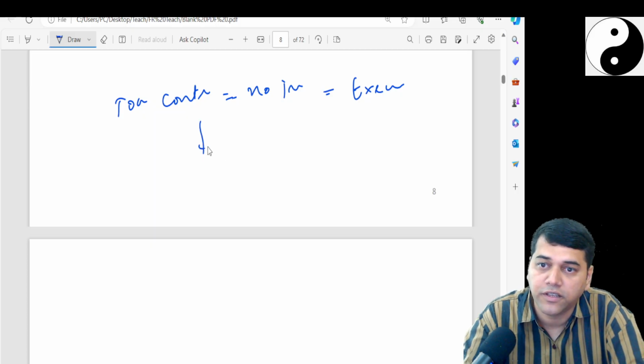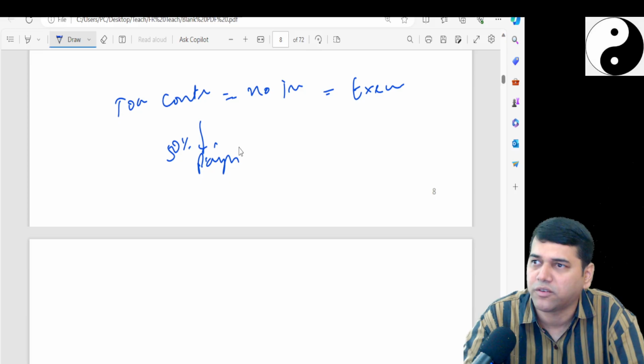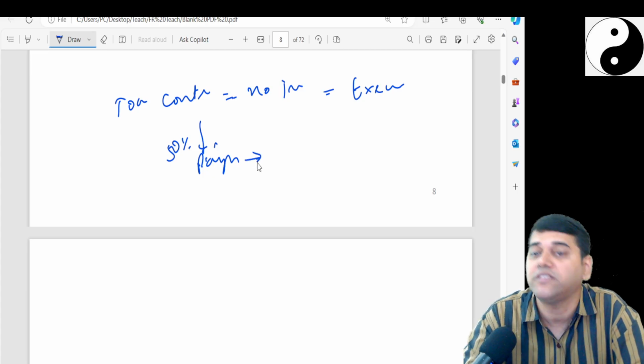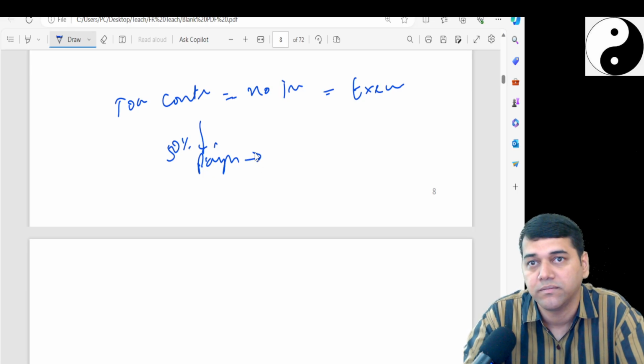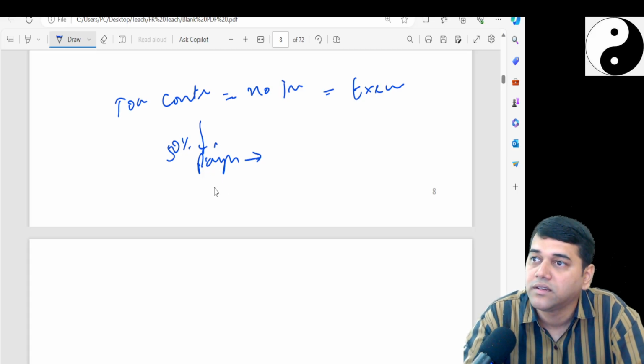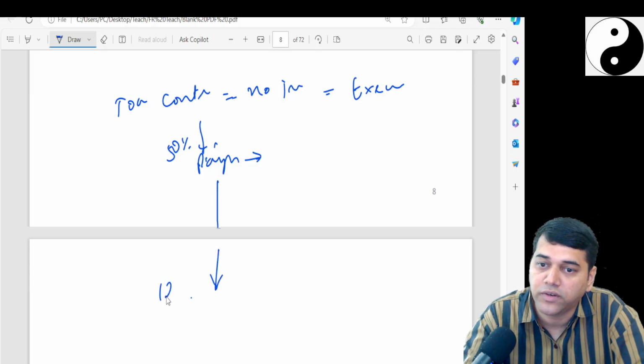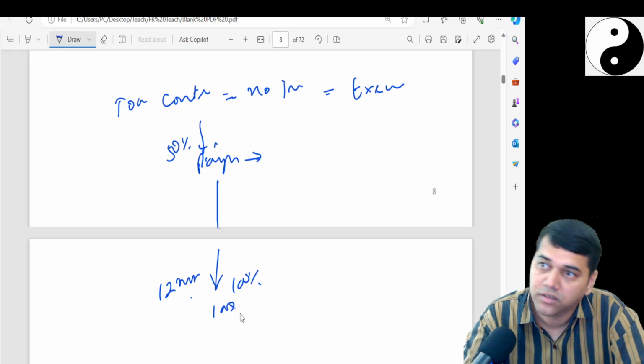Now when the work is 50% complete, payment will happen, whether it is cost payment or cost plus payment. 50% payment is done. But now the question comes: it is not delivered because the product is not ready. Now the product is transferred at the end of 12 months when the 100% work is done. At that time, 100% payment is done.